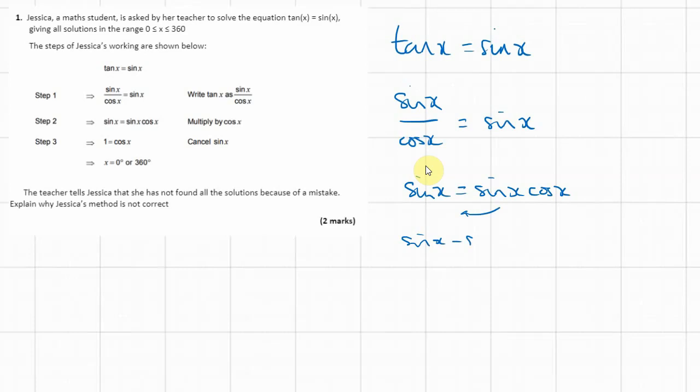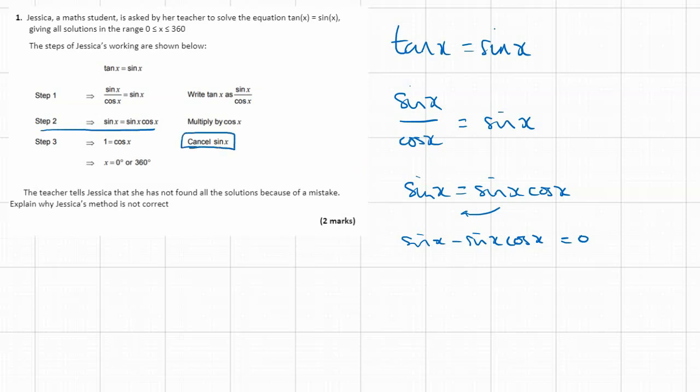So sine x subtract sine x cos x equals 0. Kind of I'm on the right step where she is here, but she's cancelled out sine.